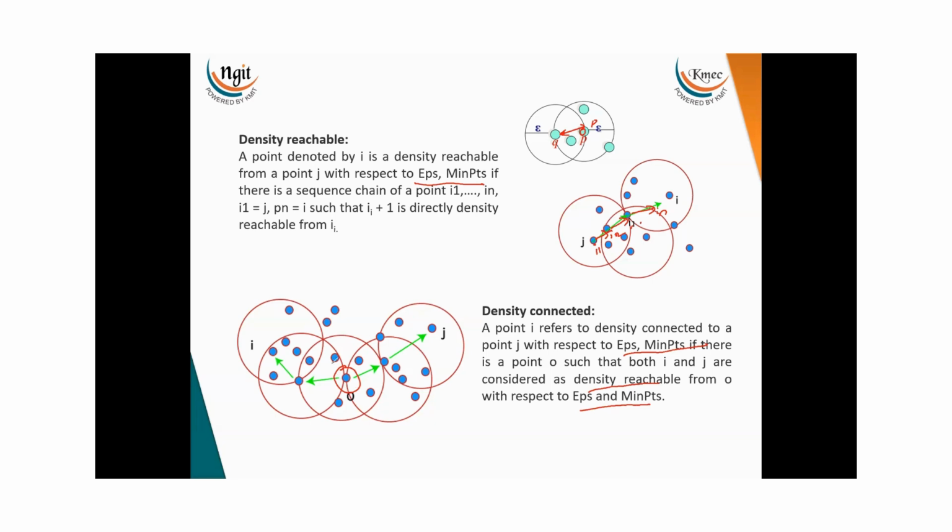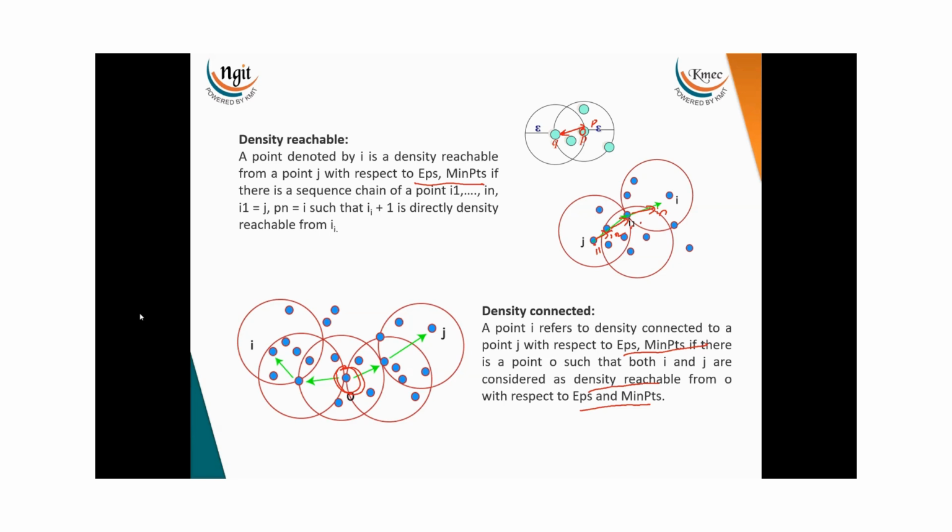So instead of residing on I and J, we'll have an extra point O, such that both I and J will be density reachable from this O, right? Using this, we try to find out the points which are very close in terms of density.